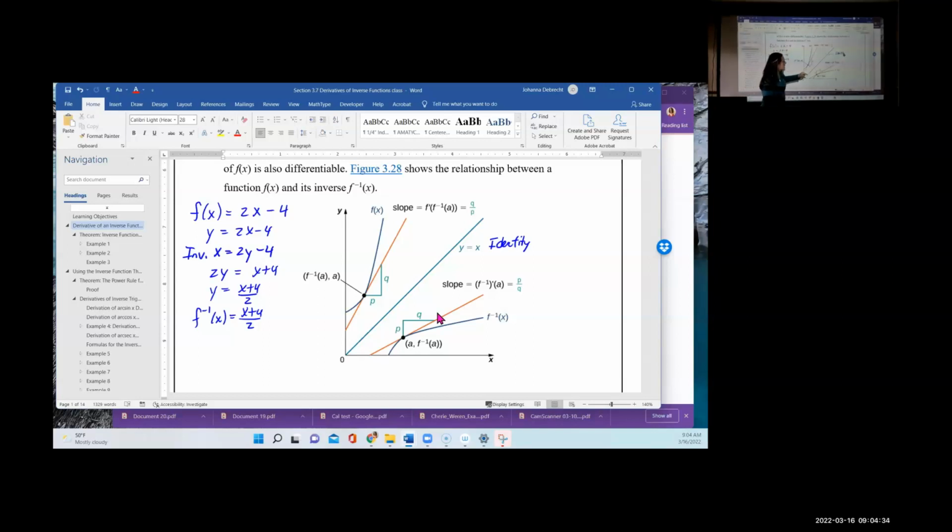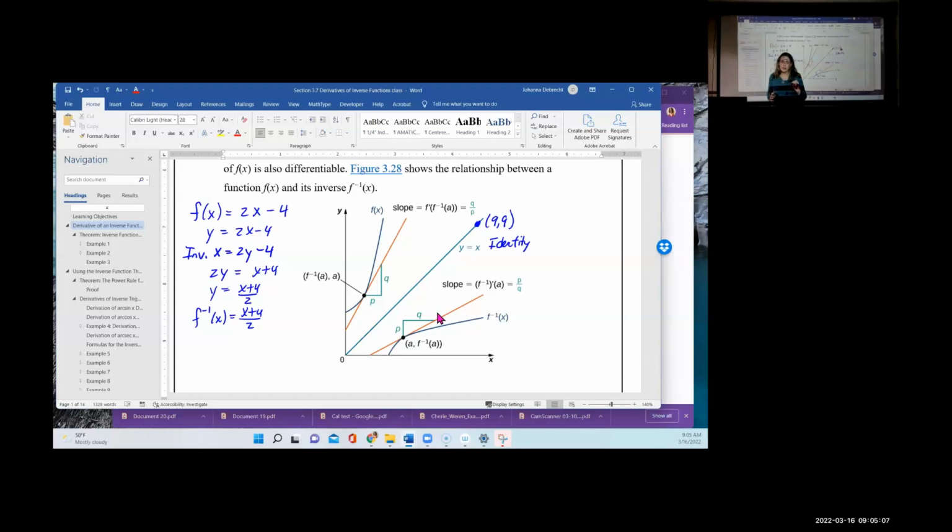Also, because it is its own inverse, when you fold it on itself, it is itself, right? And when you swap the ordered pairs on the graph, so for example, if we swapped this ordered pair here, 9, 9, when you swap the x and the y coordinates, you still have 9, 9. So the identity function is the only function that is its own inverse 3 ways: algebraically, graphically, and point to point.